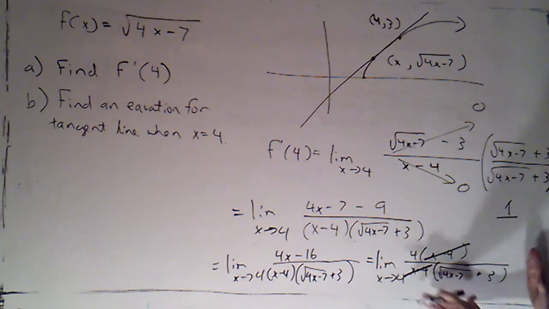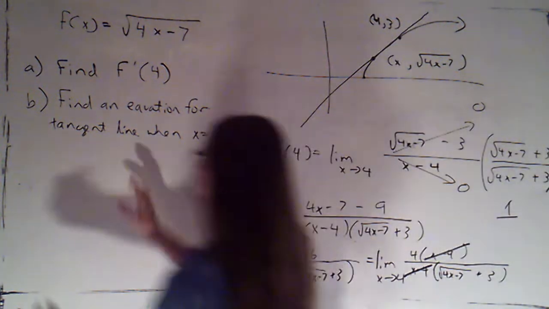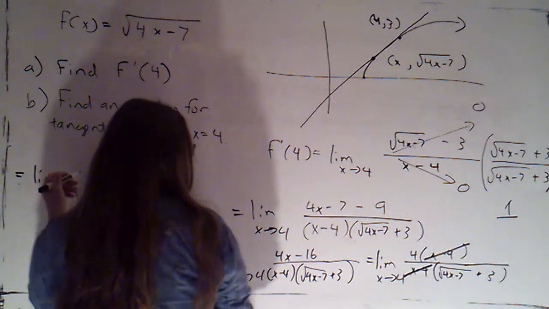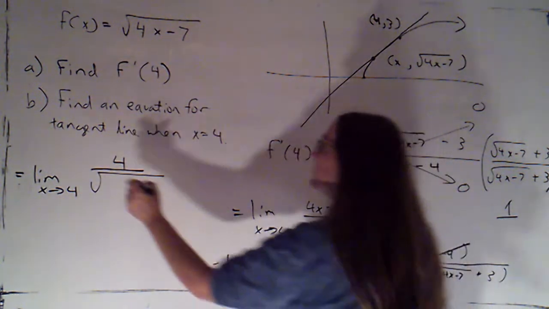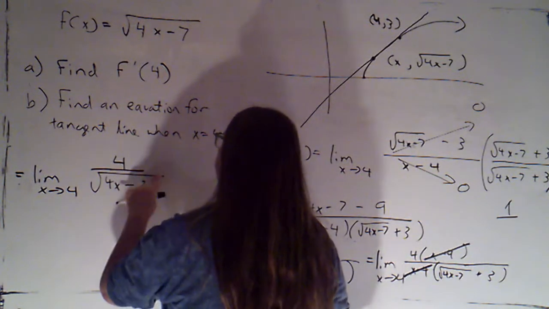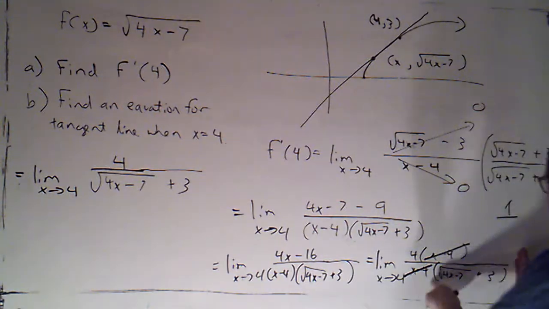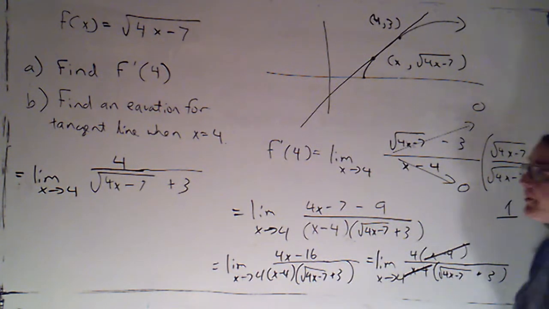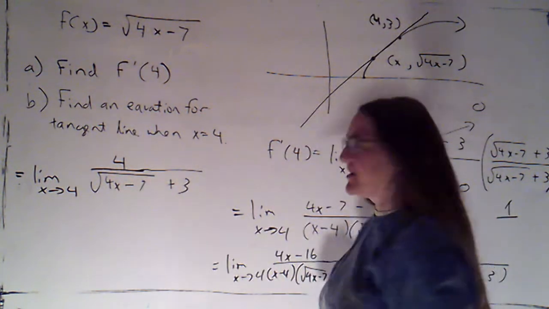Now, I didn't do a good job of saving myself enough space here, so I'm just going to jump over here. We've got the limit as x goes to 4 of 4 over root 4x minus 7 plus 3. This factor that I kept separate here is still there on the bottom, but now I can plug in 4 for x because it doesn't make the bottom 0.